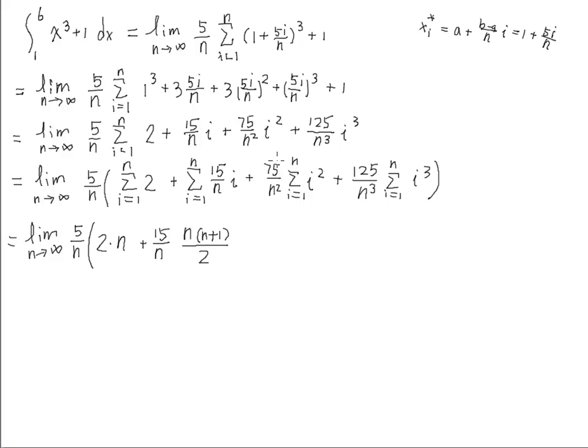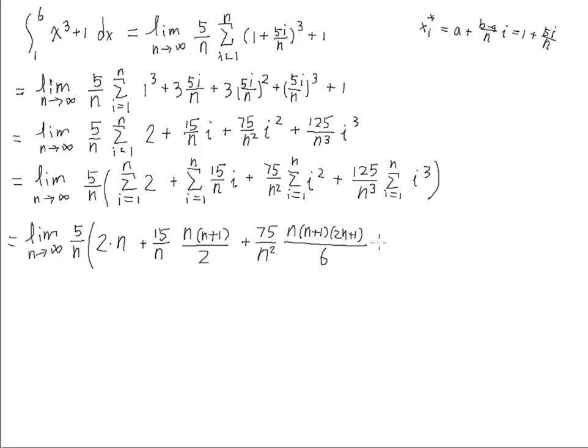That's the one we have. Now look at this one over here. We have 75 and then n squared over here. And then this one we know the formula is n plus 1 and 2n plus 1, divided by 6.